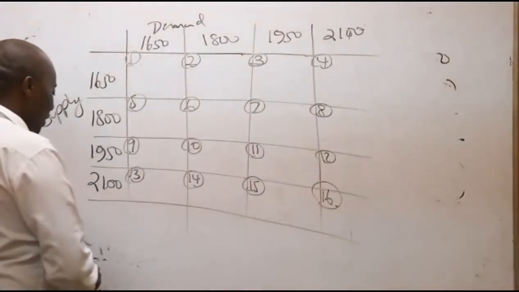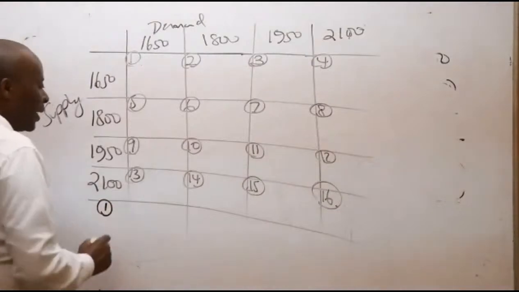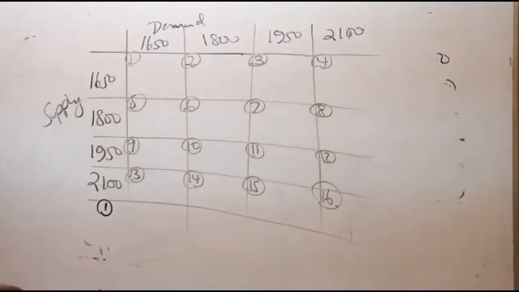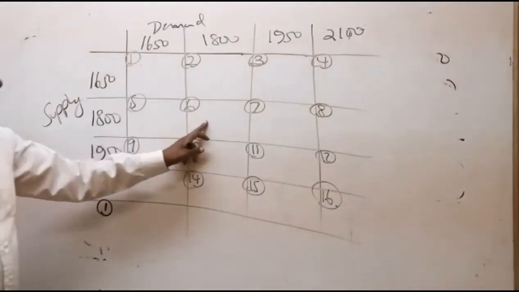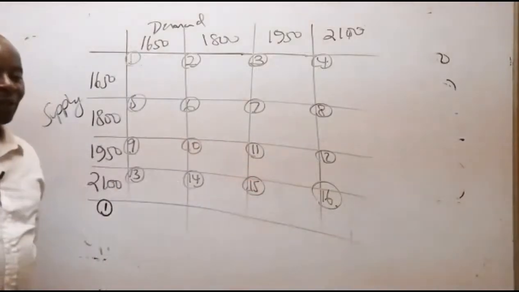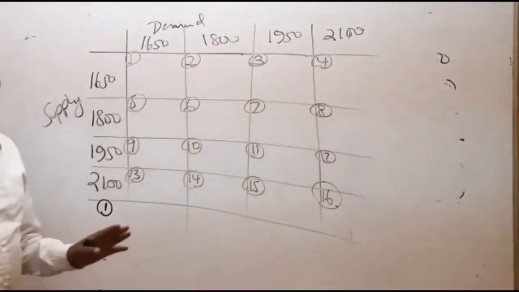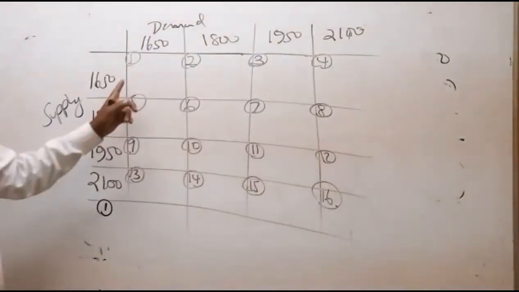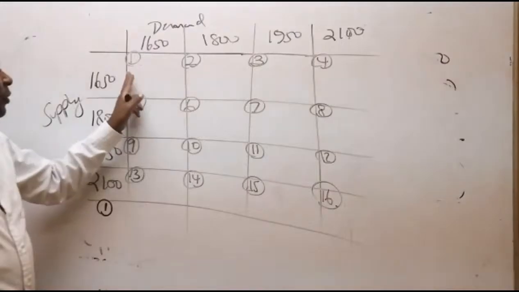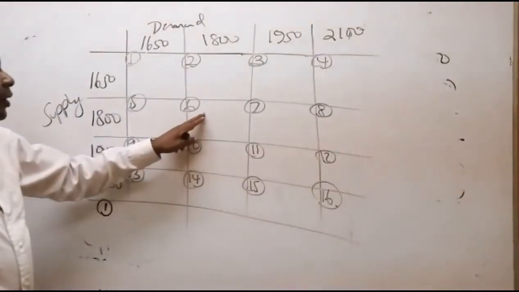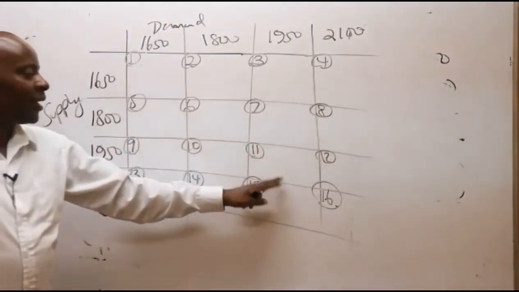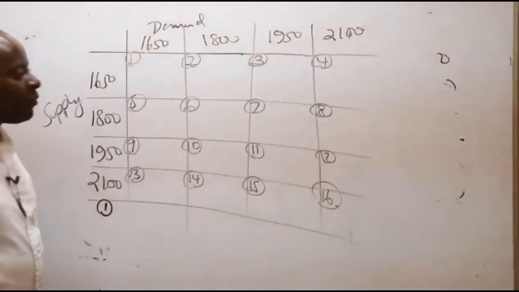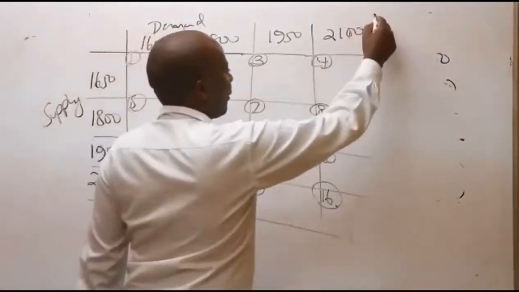Cell number 1 is a perfect match. Cells number 1, 6, 11, 16, those ones I can get without sweating it out. That's what I do personally. I start with this perfect square, 1650, then go to 1800, so that we first get the perfect matches.